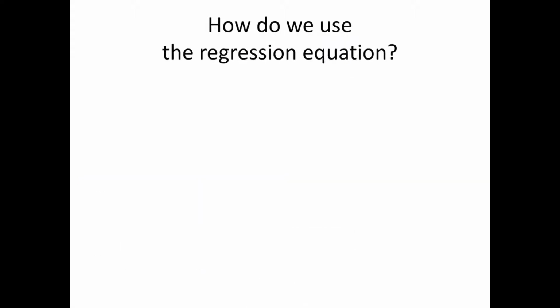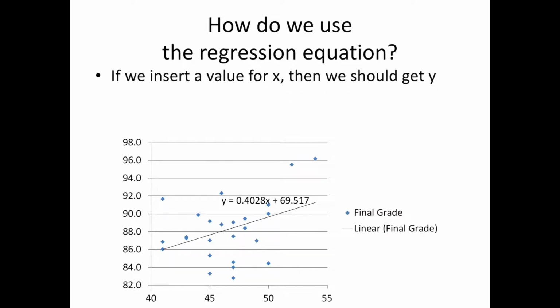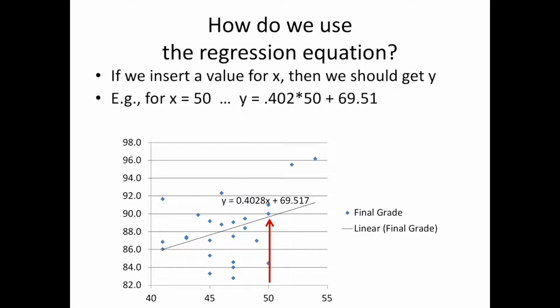So let's see what that would actually look like. In other words, how could we actually use this regression equation? So if we insert a value for x, then we should get y. So let's imagine that you'd just taken the first exam and you'd scored, for instance, a 50 on it. What you do is you insert that 50 right where the x goes.